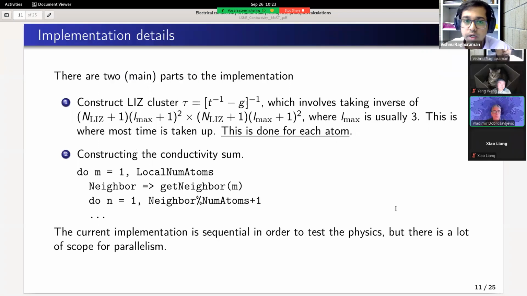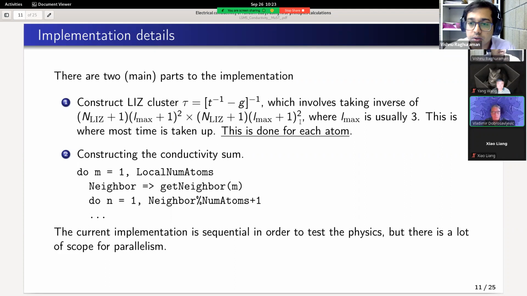So a little more detail on the implementation. There are two main parts, computationally speaking, which take time. One is constructing the LIZ tau cluster. This is a big matrix, and you have to take the inverse of this matrix, and you have to do it for each atom because each atom has an LIZ.